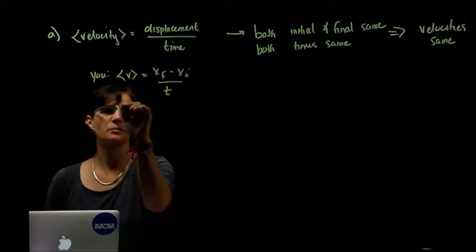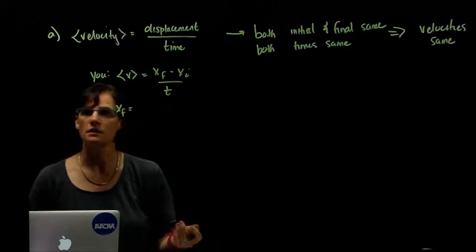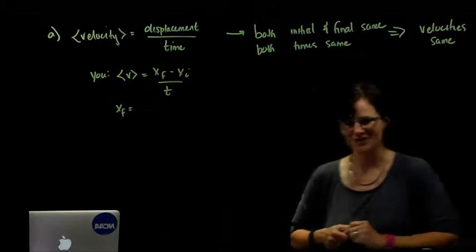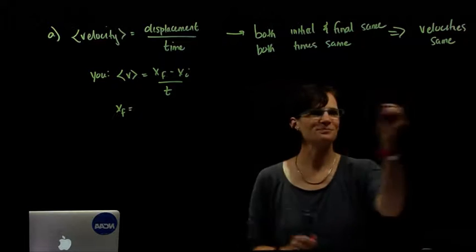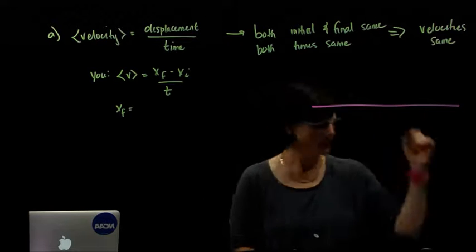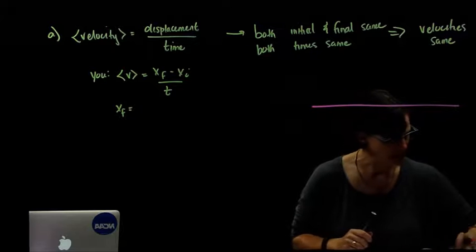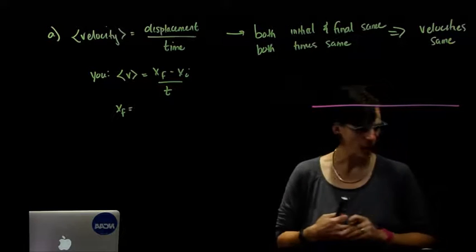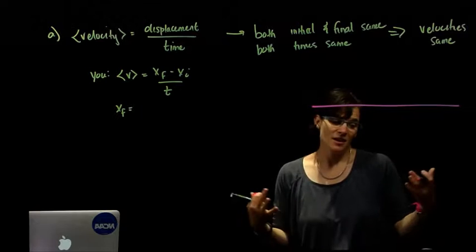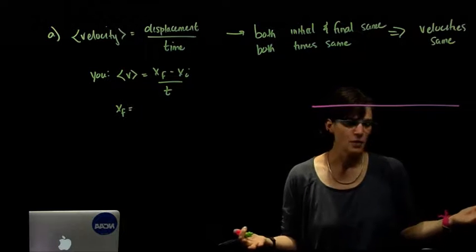So our final position was at Ted's. Oh, we need to know what the world looks like. We have to identify where the positions are. So let's do that. It tells us that Ted's house is 400 meters away. Well, it doesn't say whether it's east or west. The problem doesn't specify that, so we get to pick it.